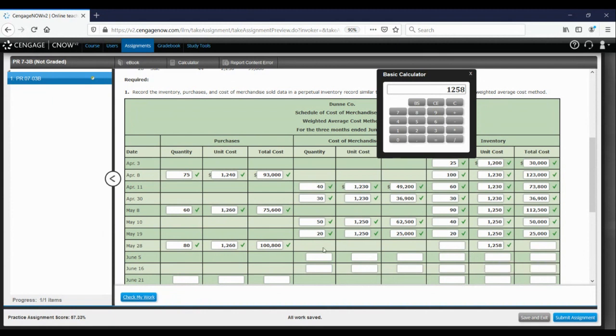The total units that we have on hand is 100 units. We would multiply 100 units times 1,258, which will give you 125,800. Do you understand what I just did in that transaction?